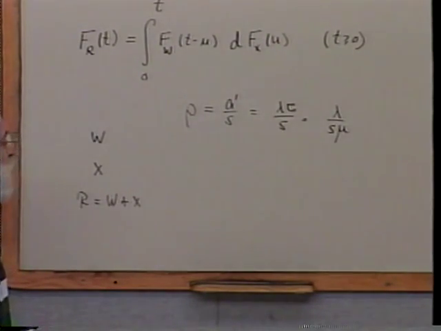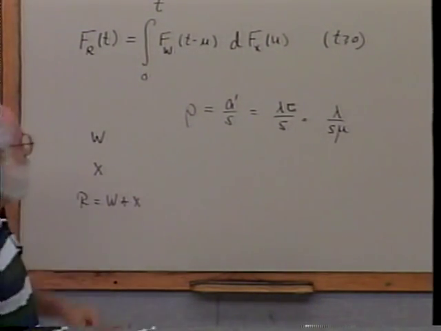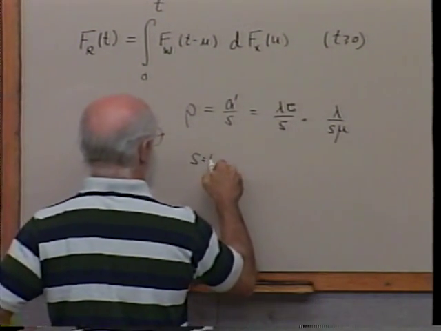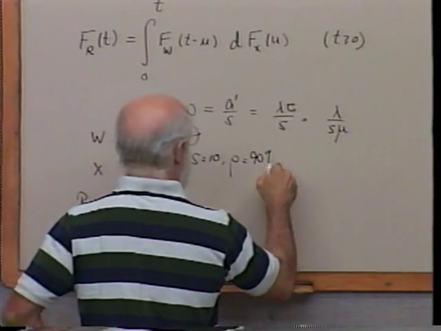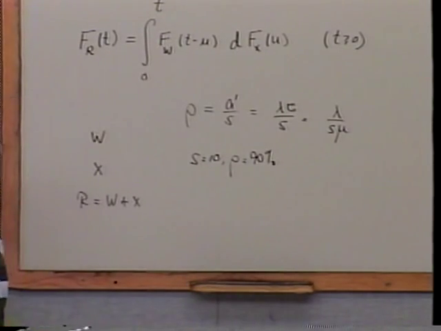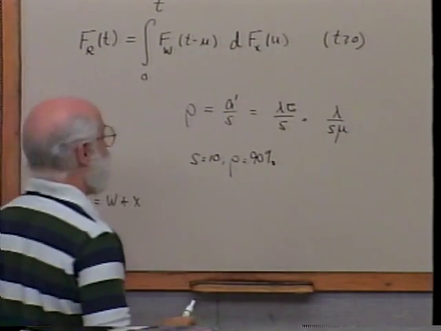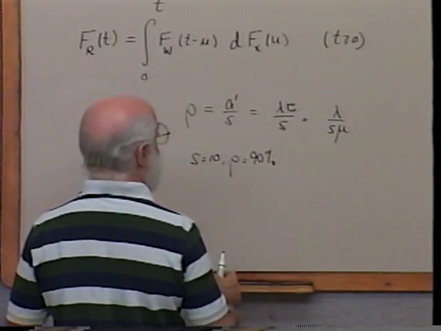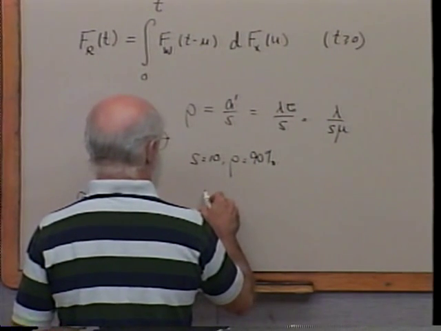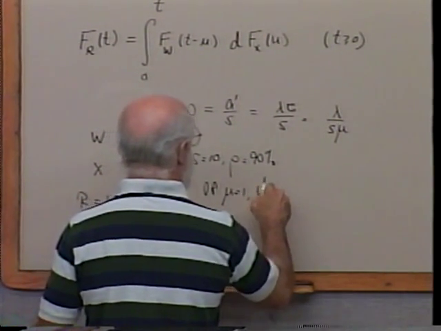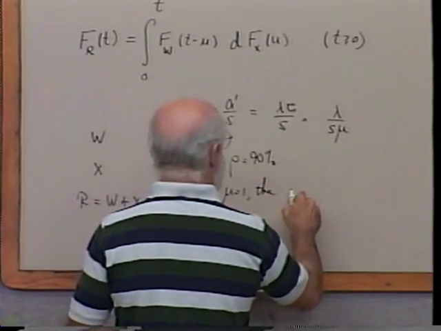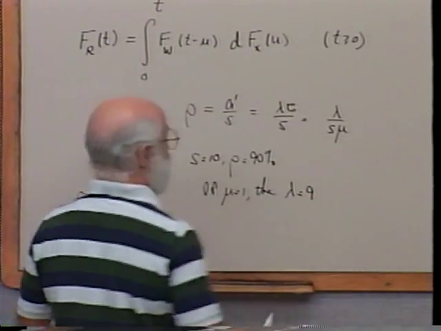Now in your case, S is 10 and rho is 90%. In other words, you're asked to do it for utilization of 90%. So that means that if you take mu to be 1, then lambda must equal 9.